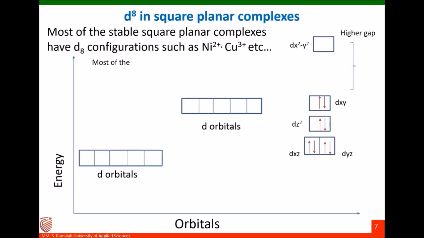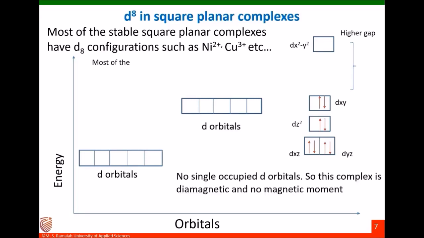Because the energy gap is too high to make those electrons jump into dx square minus y square. Now you can see all the orbitals contain either 2 electrons or no electrons. So there is no singly occupied orbital. That's why the d8 square planar complex is diamagnetic.